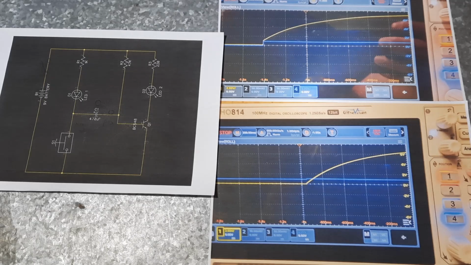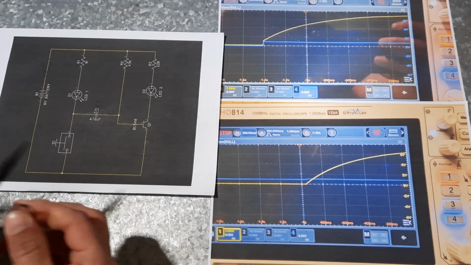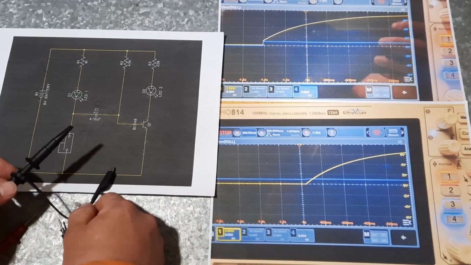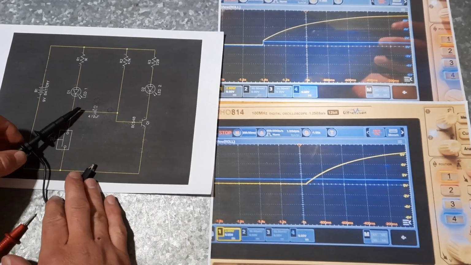So while we have our scope probes hooked up to this, and let's grab a scope probe, we are scoping from the most negative part of this circuit to here.